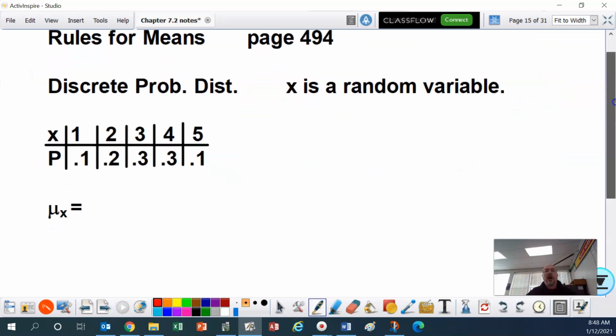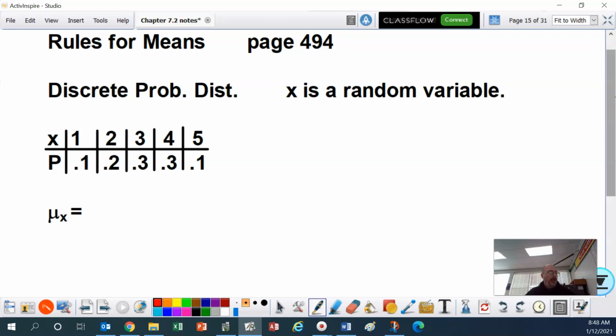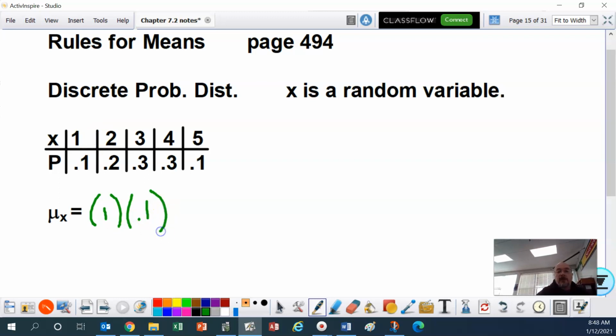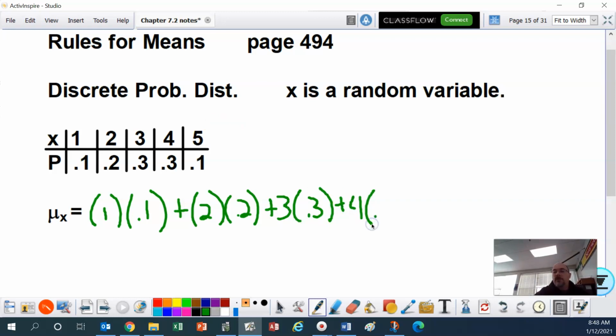In this problem, again, this is a discrete probability, so let's review what's going on here. Let's find the expected value. Remember, expected value is the mean. This is from our last lesson. We're going to take 1 times its probability plus 2 times its probability plus 3 times its probability plus 4 times its probability.